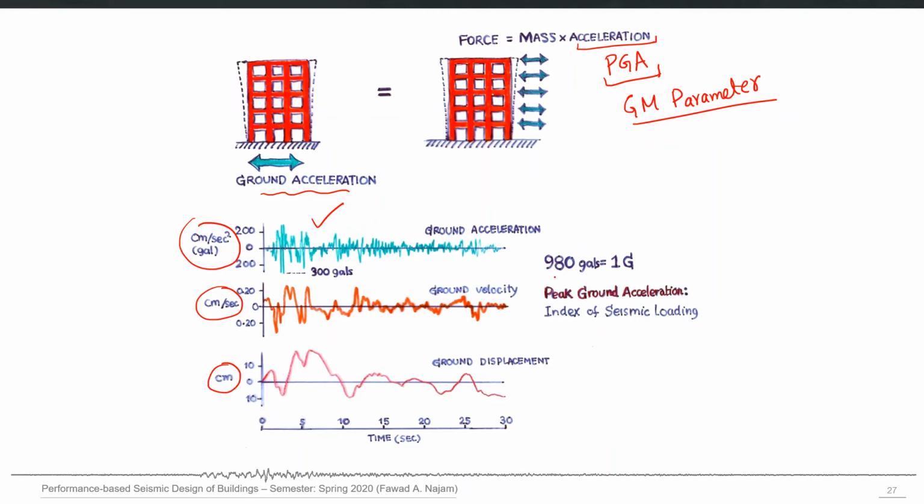So the idea is that this peak ground acceleration is the index of seismic loading. It is the ground motion parameter or hazard parameter, and that number is used to calculate the design forces, which we then use for the purpose of structural design.